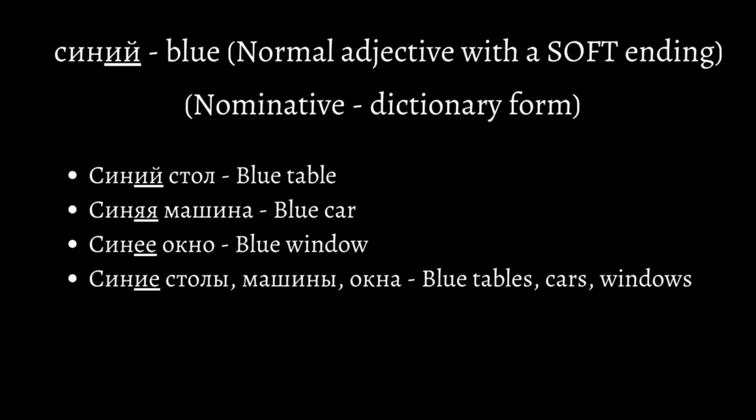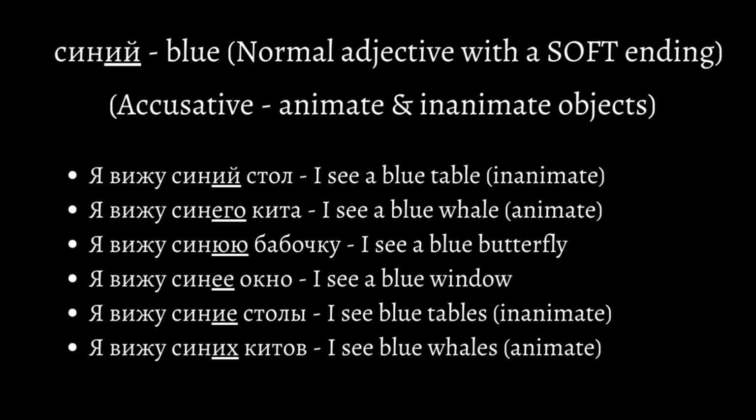Here we have синий in the nominative. Синий стол, синяя машина, синее окно, and синие столы, машины, окна. Here we have синий in the accusative.